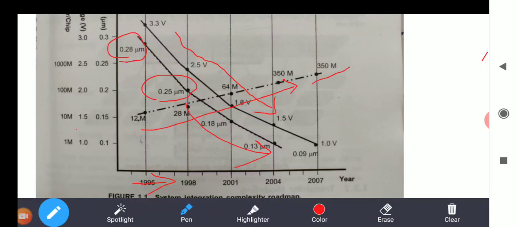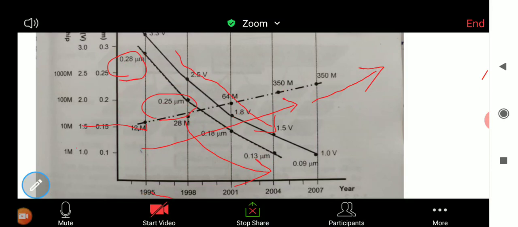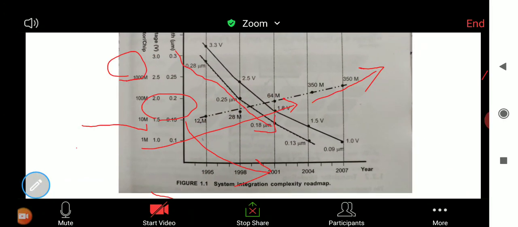Like this, it goes on increasing. Now in 2015, 2020, that number is more. Because of the invention of the integrated circuit, the number of transistors on the chip is increasing.